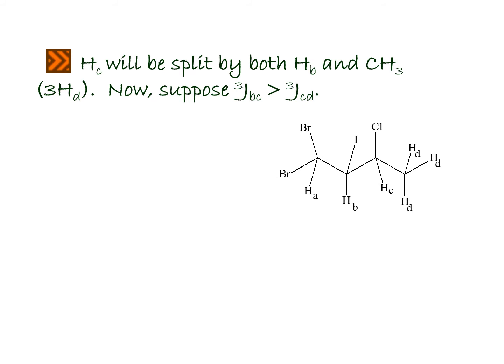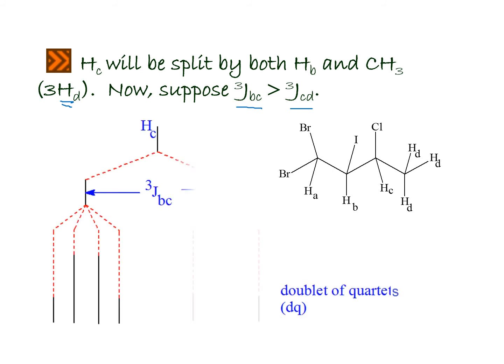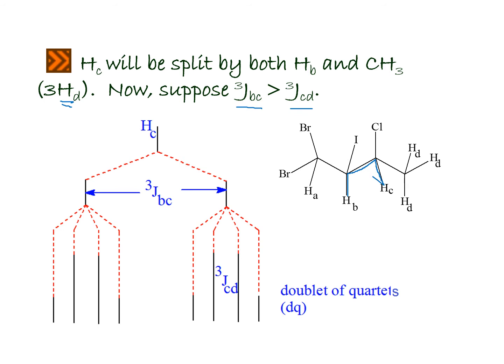HC will be split by both HB and CH3. And remember that CH3 has 3 H. Now suppose that J3 BC is higher than J3 CD. If BC is higher, then it will be just 1 plus 1, 2, a doublet.